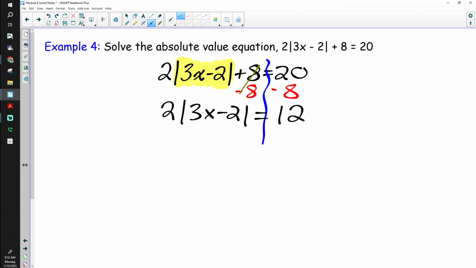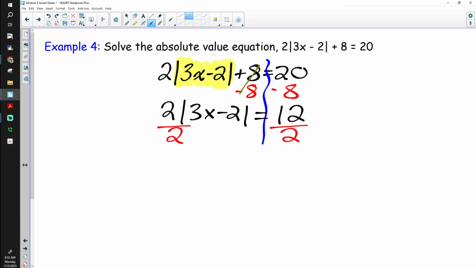That's important to know because in order to get rid of the 2, I have to do the opposite. We know it's being multiplied, so the opposite would be to divide both sides by 2. When I divide this side by 2, I have to divide the other side by 2. What happens when I do 2 divided by 2? You get 1.